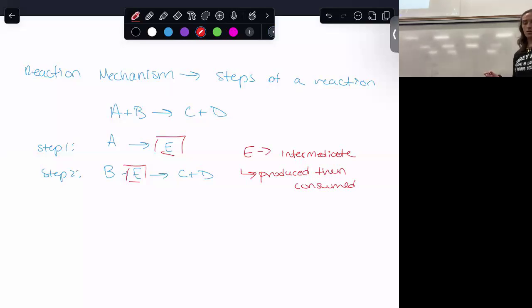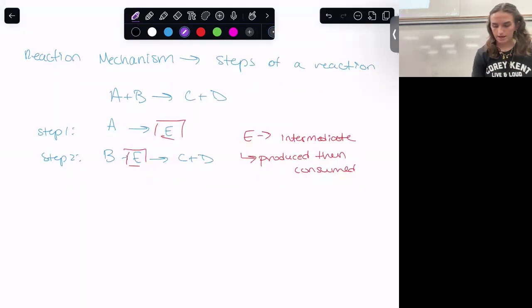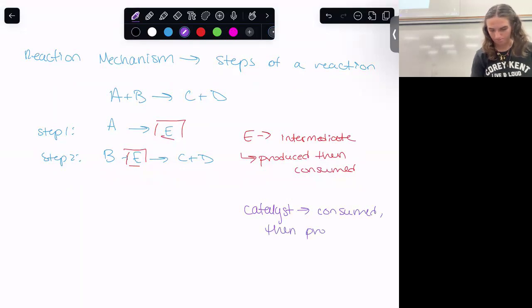What is the other component that we talked about with intermediates? It's not pictured here. We talked about it towards the end of class today, or the end of the chapter. A catalyst, yep. So a catalyst will first be consumed and then produced. That would usually appear in the first step and then in the last step. It would appear as a reactant and then as a product.